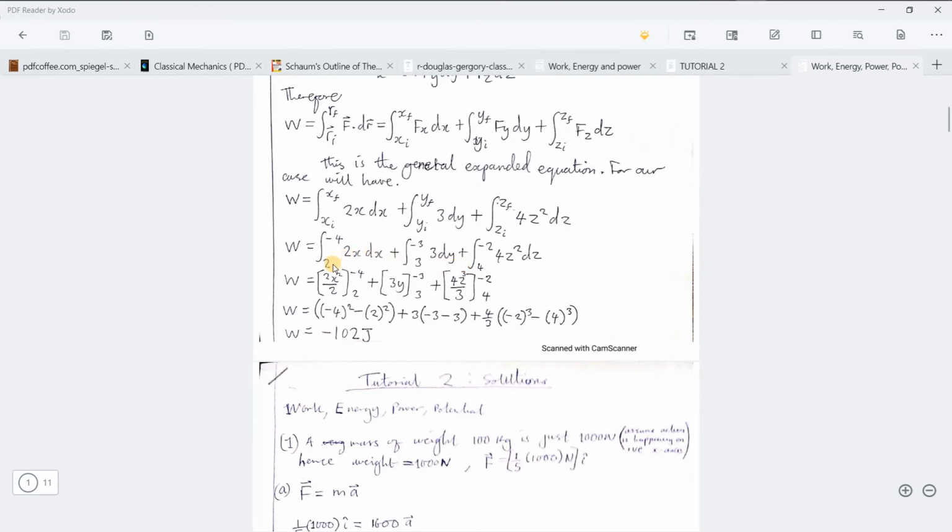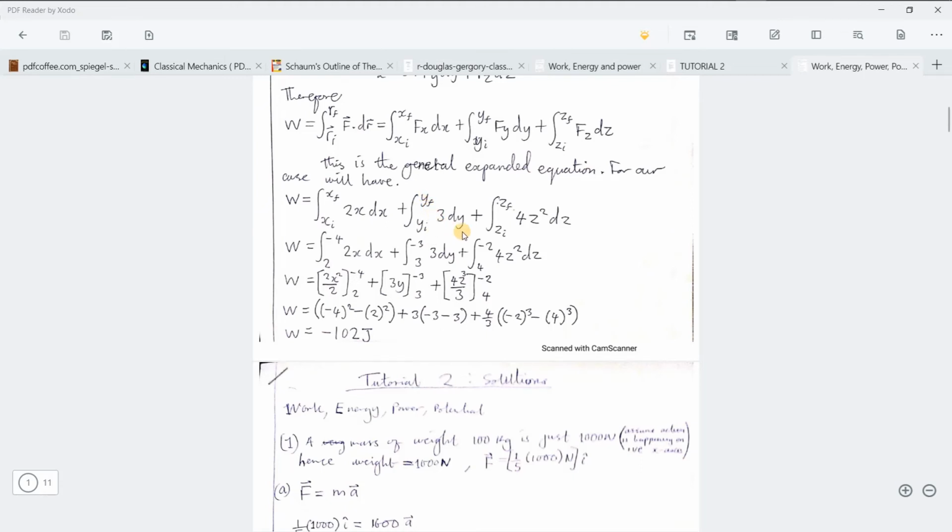As we have here, you can see our xi here is this 2 now, and our x final is this -4, and this part will return the way it is, and we get this, you see. And then we say plus.